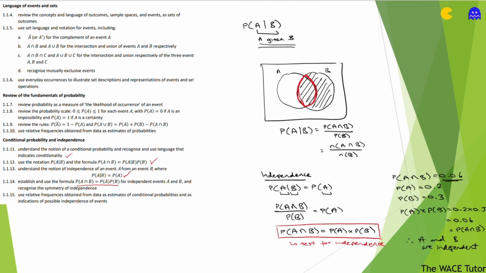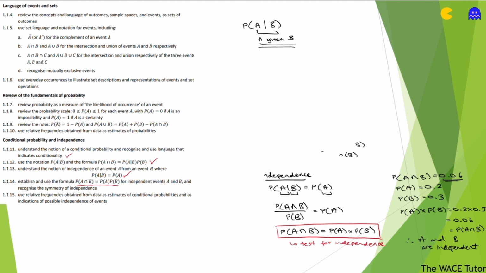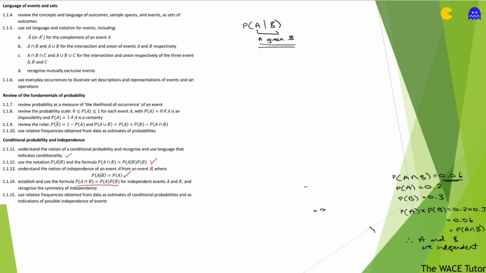Alright, let's take a look at some more representations of probabilities that particularly make a lot of use of conditional probability. One way of representing events occurring that uses conditional probability is tree diagrams, for example.